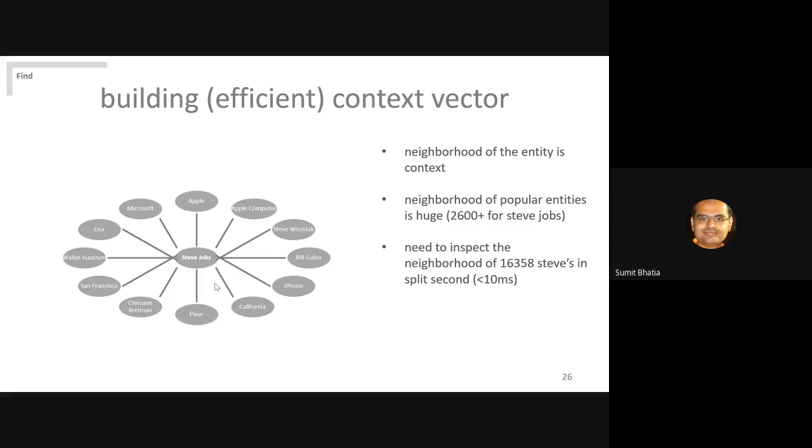If you focus on Steve Jobs, you see that all the surrounding entities give you the context. They give you an idea that Steve Jobs appears in relationships with all these other entities. So these neighborhood entities of Steve Jobs are essentially your context information. That's why I've written that the neighborhood of the entity is its context.